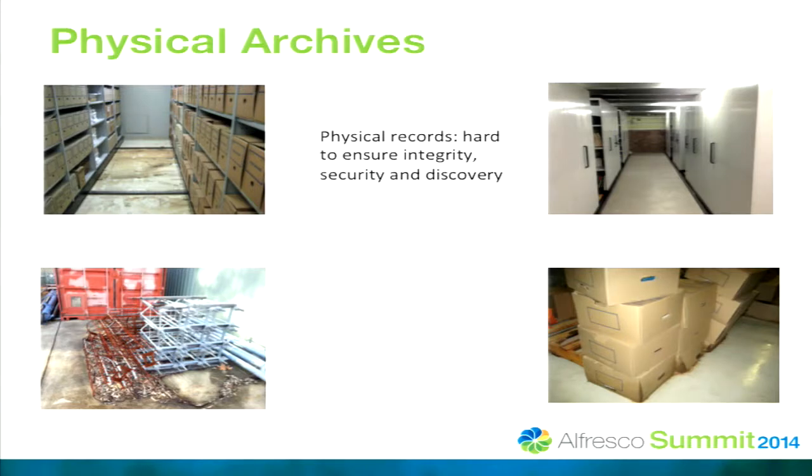Say if you get a subpoena asking for a certain piece of information in some text file that's in one of the physical files, there's no way for you to do a query across physical files to find that information. So we decided to approach it from the point of view of digitizing things as much as possible, which is, whatever we have in physical form, try to get funding and start digitizing it. And for new information, try to stop it at the source, and capture that information in electronic form from the very beginning.